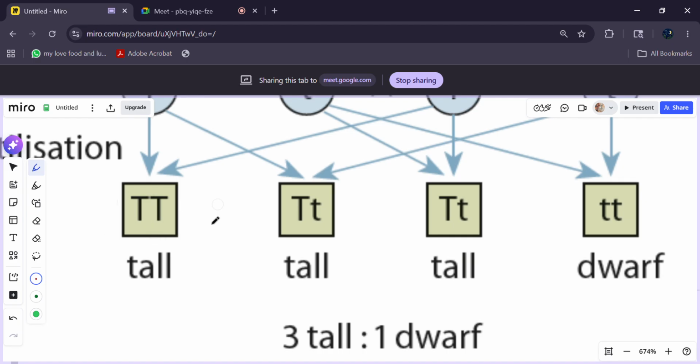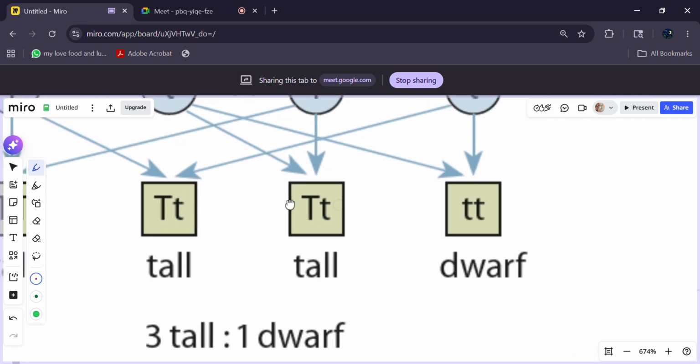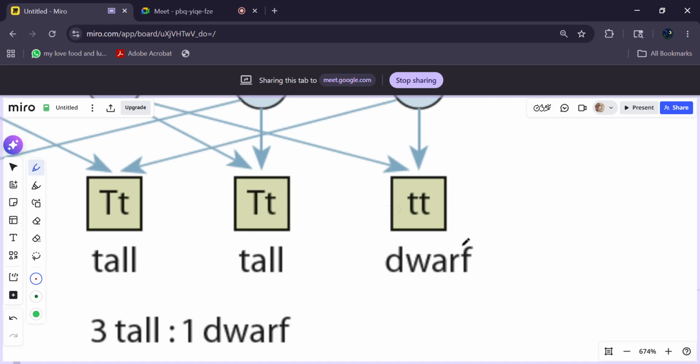One child has both dominant alleles, a homozygous dominant genotype, while two are heterozygous, because one is dominant and one is recessive, while the last one is homozygous recessive, which means it contains two recessive alleles.